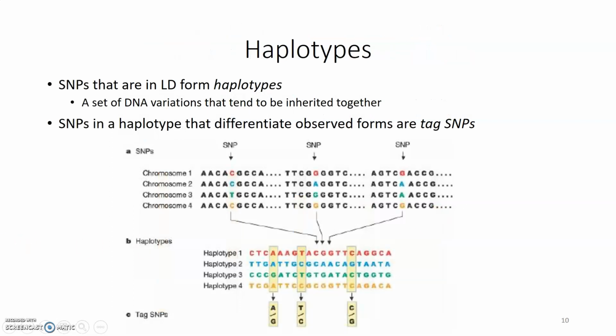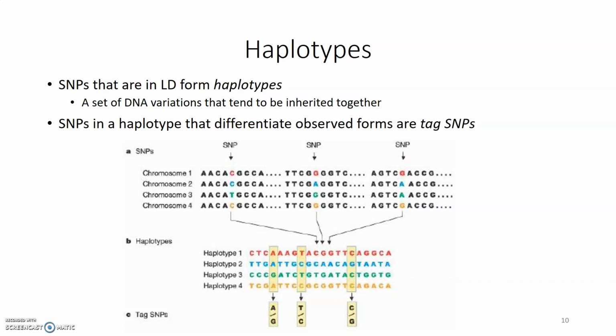These windows of LD form what are called haplotypes or haplotype blocks, which is defined as a set of DNA variations that tend to be inherited together. SNPs in a haplotype that differentiate observable forms are called tag SNPs.